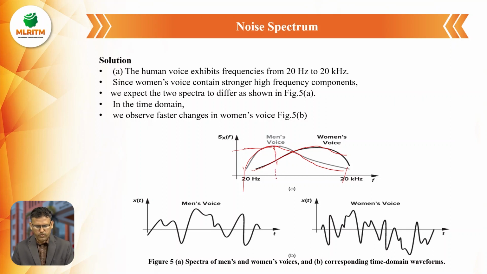So from 20 Hz to 20 kilohertz the total signals exist. From 20 Hz to 10 kilohertz we get the men's voice signal very high, and from 10 to 20 kilohertz we get women's voices at very high frequency. So we can observe the spectrum with respect to the corresponding time domain and frequency domain representation of men and women signals.